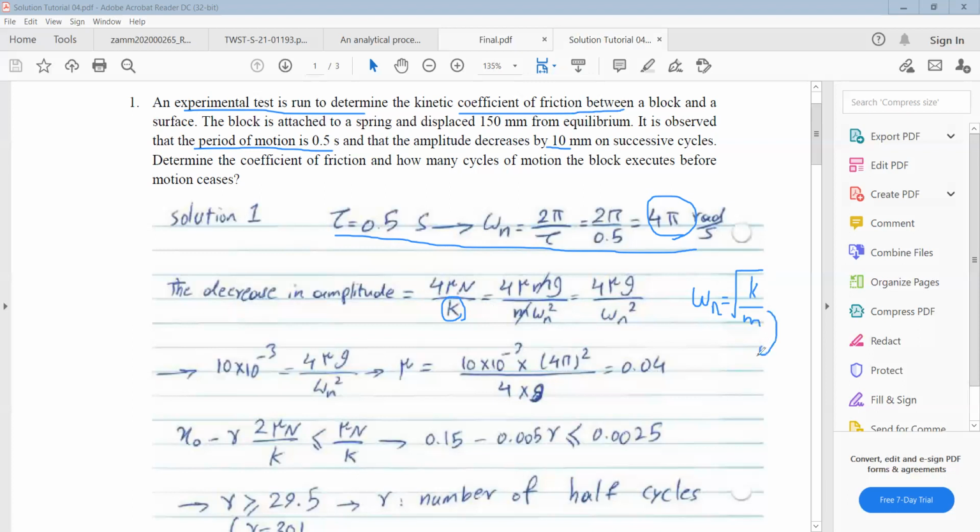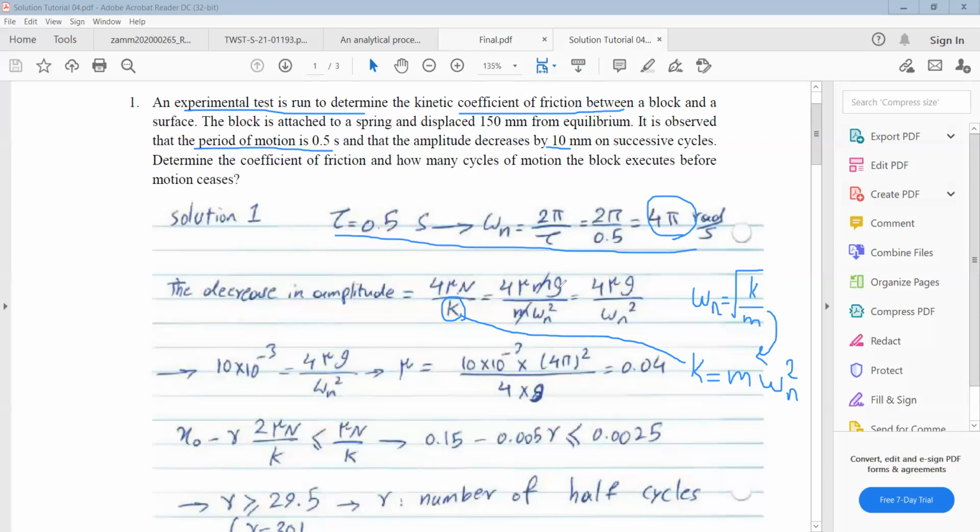So from here we can conclude that k is equal to m times omega n squared. And we can substitute m omega n squared instead of k here. These m's will be cancelled out.